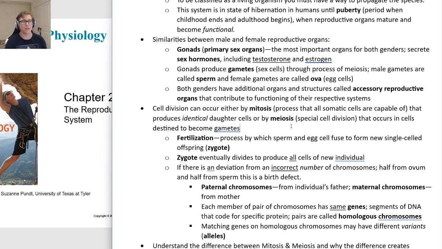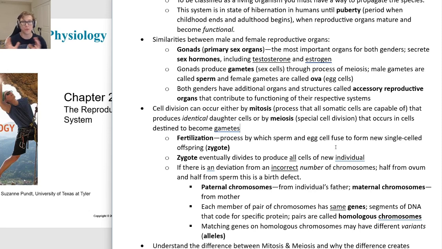Meiosis. This is special and it's only reserved for gametes. There's mitosis, which is all somatic cells, and then there's meiosis, a special cell division only reserved for your gametes. Now, mitosis produces identical cells, whereas meiosis is going to produce non-identical cells.